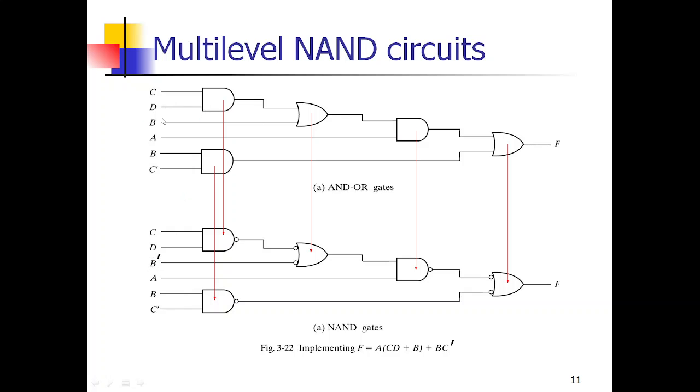See here, actually it is B, but it is represented as B dash here. Okay, so now seeing all the symbols, all these are NAND gates. So this is NAND implementation. All the normal AND gate and OR gate symbols are converted to NAND gates, right?